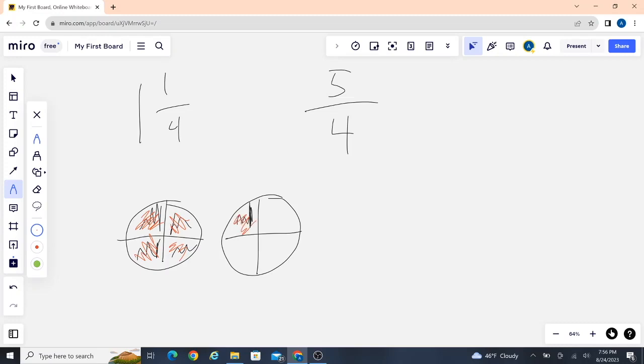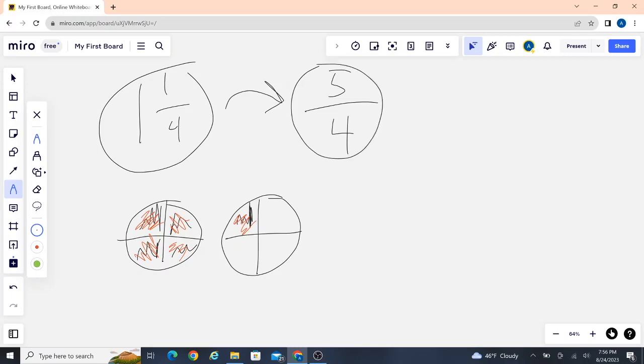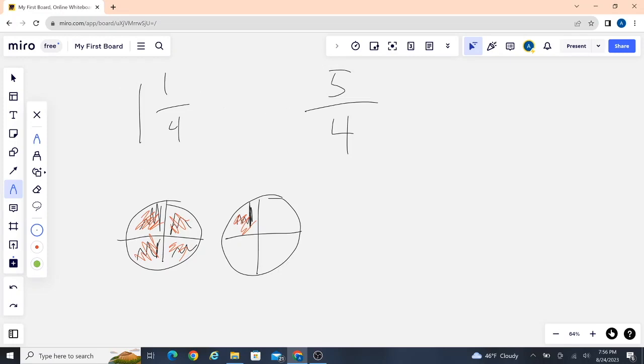I have 5/4 shaded in red. So we can see that 1 and 1/4 is the exact same as 5/4. And now our goal here is to figure out how to use math to convert a mixed number into an improper fraction. All right, so let's go ahead and actually get into it. And surprisingly, it's actually really simple.